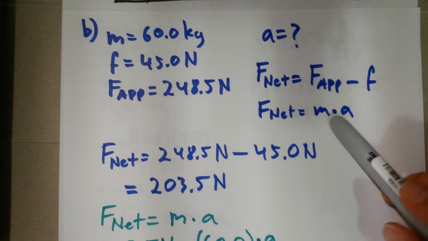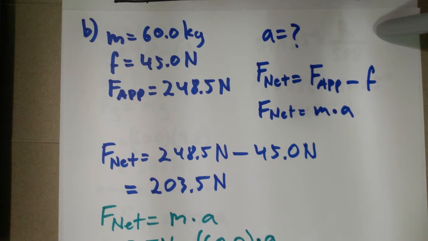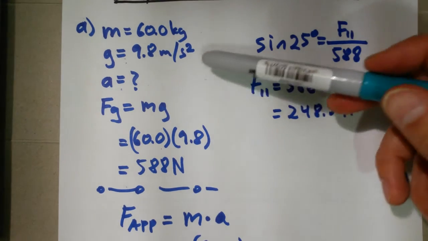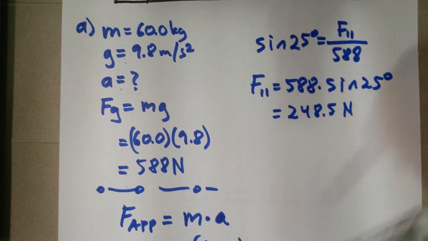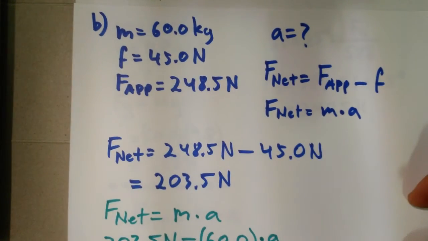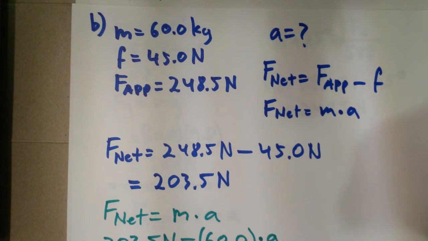And of course you may see examples in which they ask you what the acceleration is considering the friction. So we would basically solve part A like this. Part A, once we have the applied force, we simply go ahead and start doing part B to figure out what the net force is and the proper acceleration with friction. Any questions, just let me know.